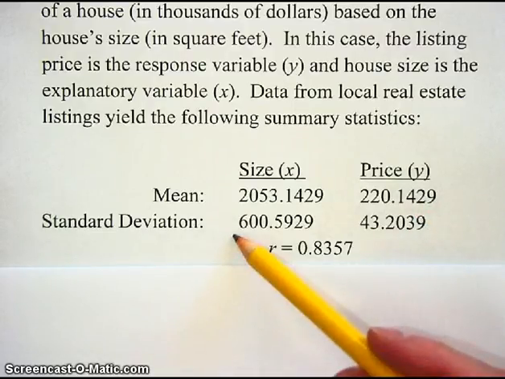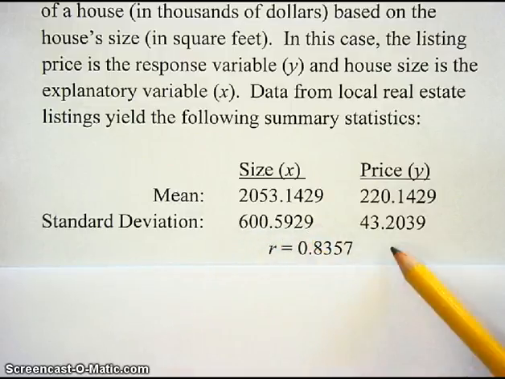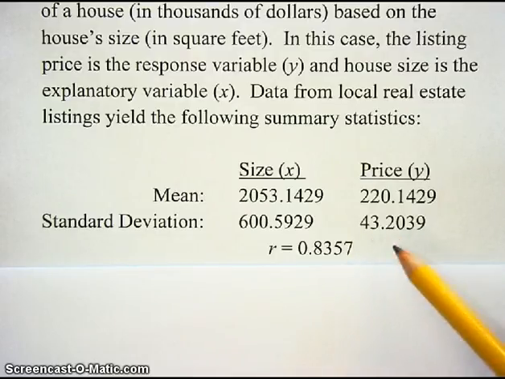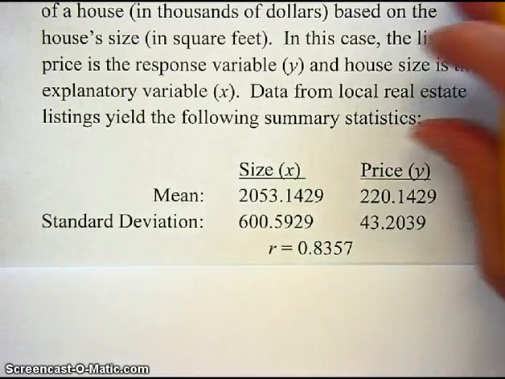The standard deviation of the house sizes was 600.5929 square feet, and the standard deviation of the listing prices was $43.2039. The correlation between our x values and our y values is 0.8357.